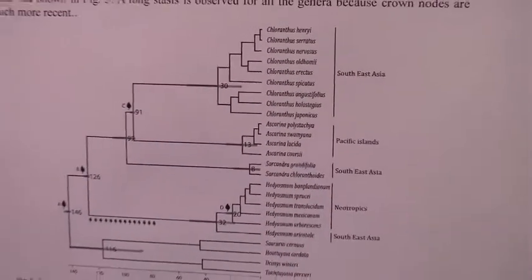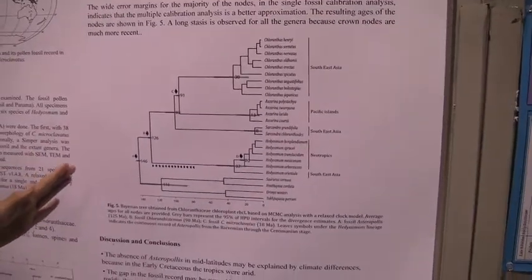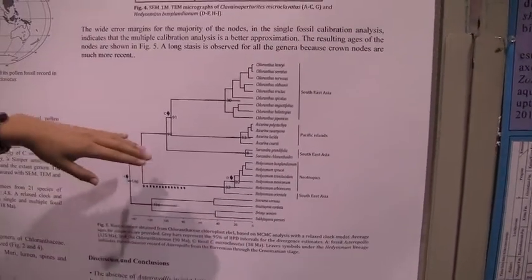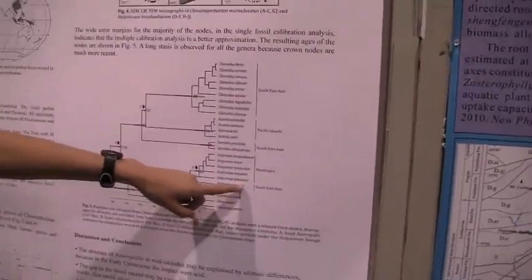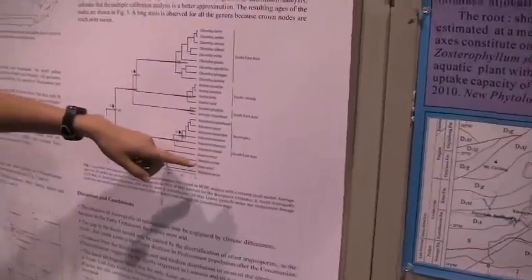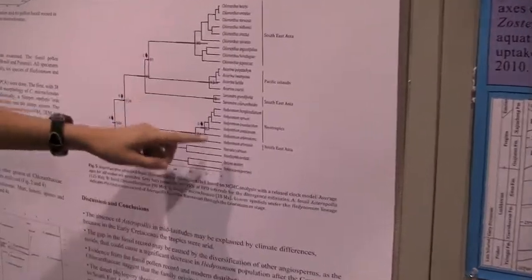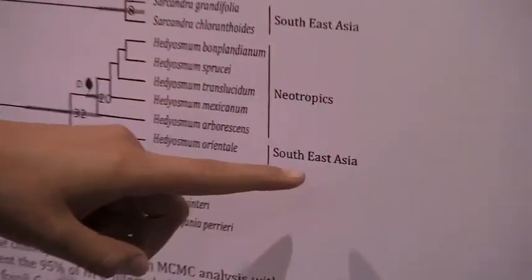So another thing that is very interesting here is that there is one species, I didn't say it before, just one species from the genus that is in Southeast Asia.